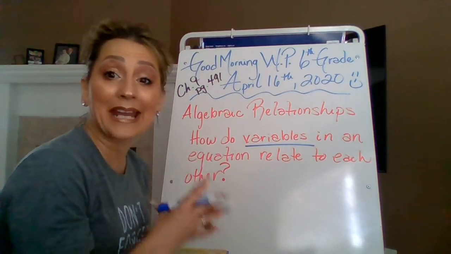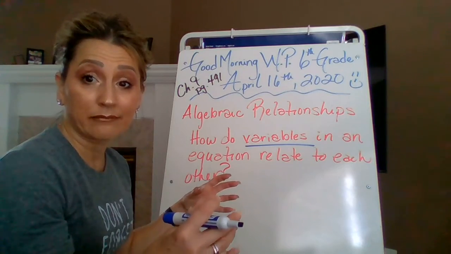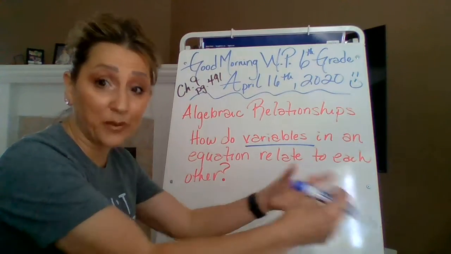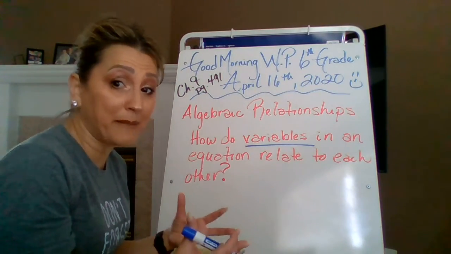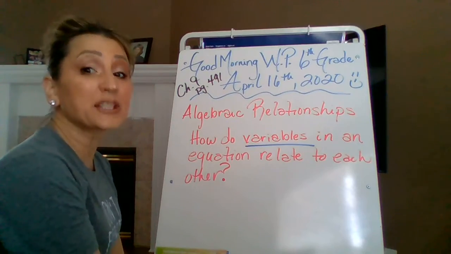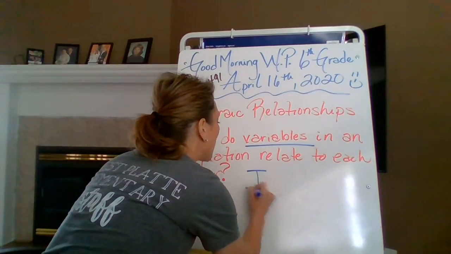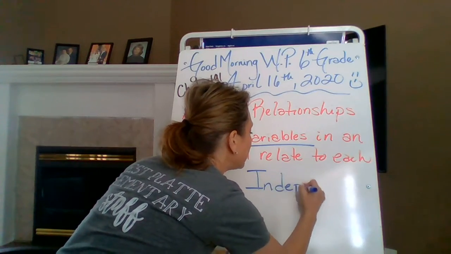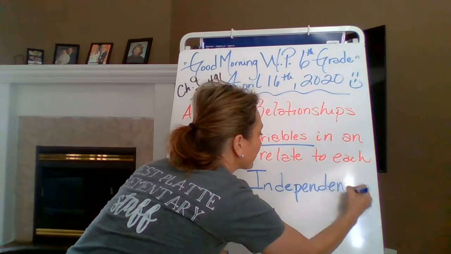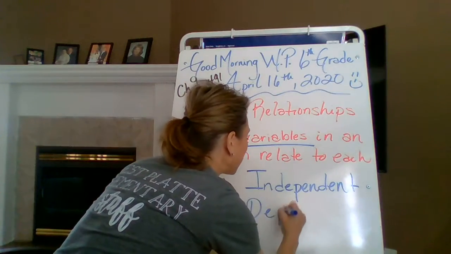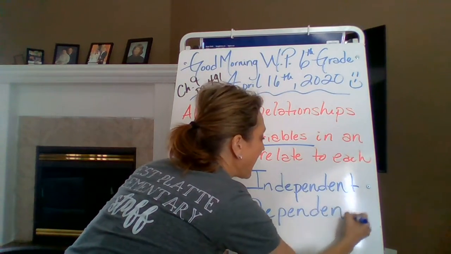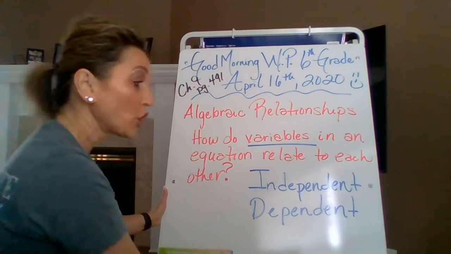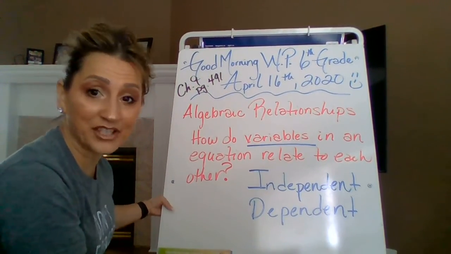But if we create an algebraic equation where one variable is doing something and another variable is doing something, you have more than one variable in that problem, we are now going to give them specific names. One is going to be called, and I have to make sure I'm going to say this right, independent and dependent.